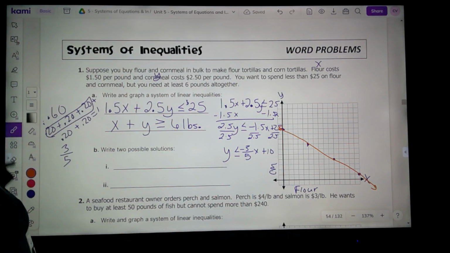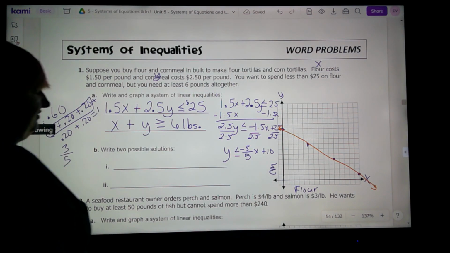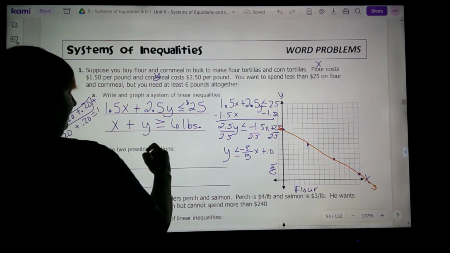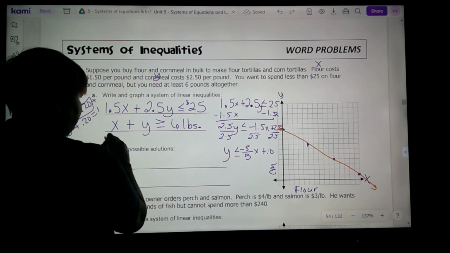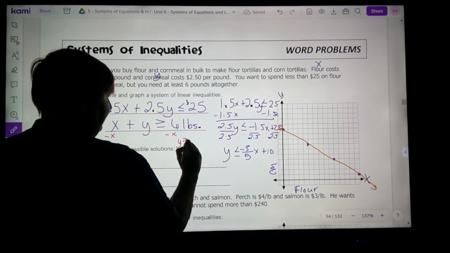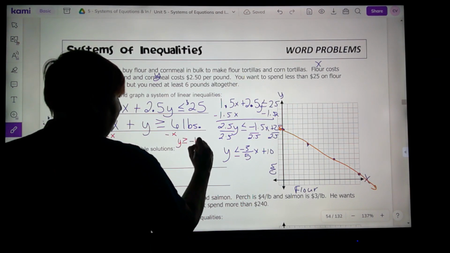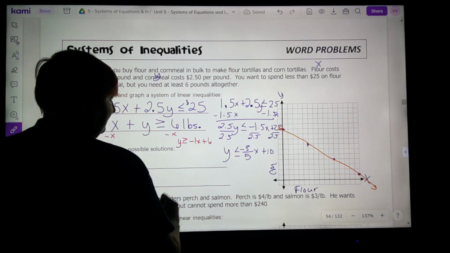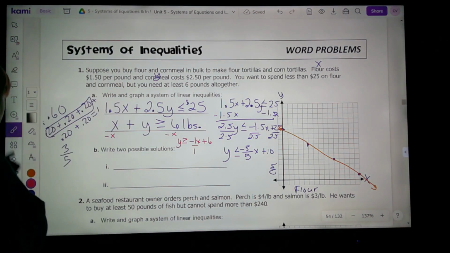And then our line x plus y, so subtract x from both sides. y is greater than or equal to negative 1x plus 6. We need this to be a fraction so we can graph it.